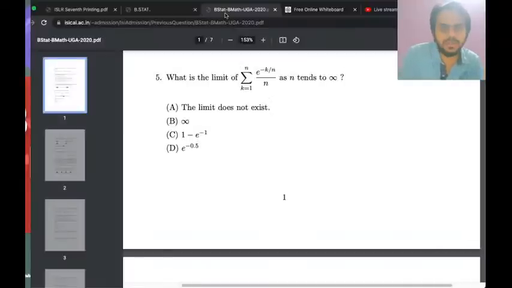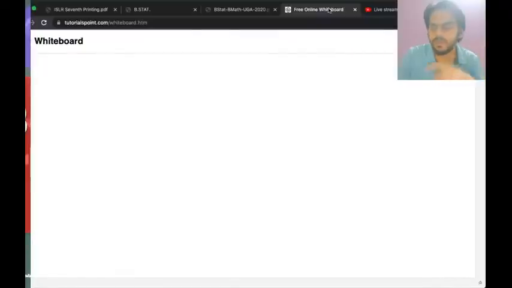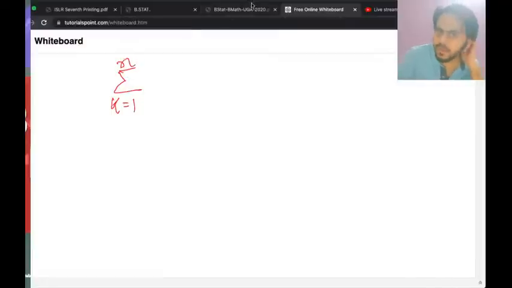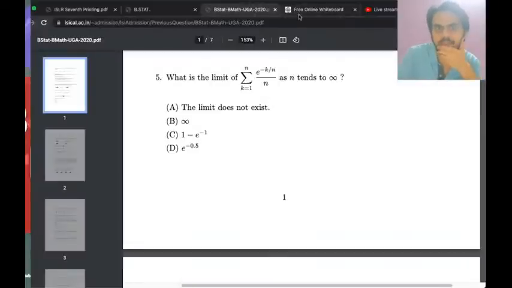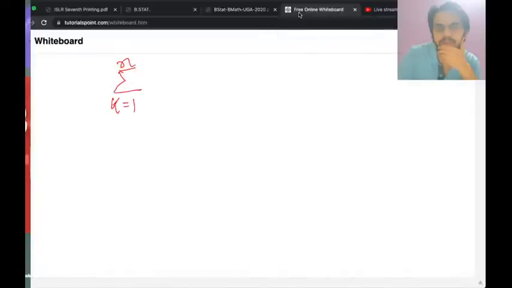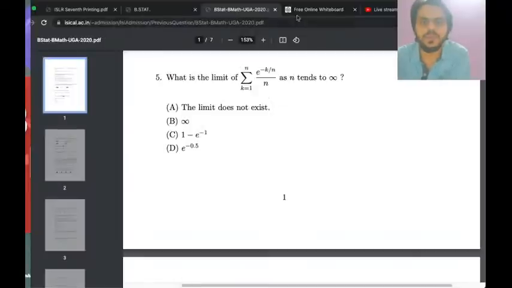So it is the summation for k from 1 to n, and inside we have e to the power minus k by n, upon n.